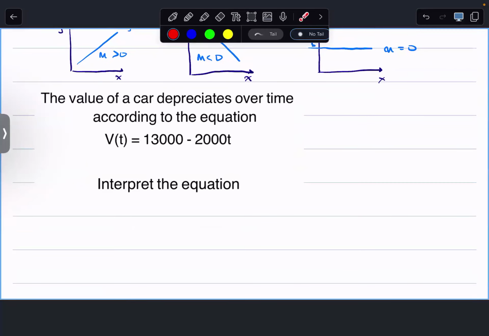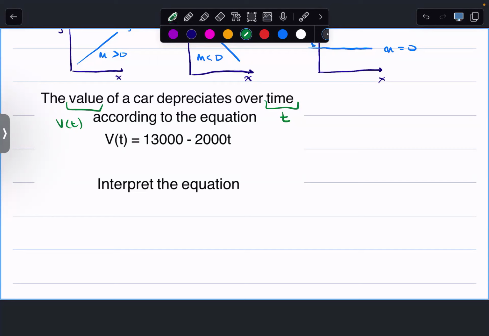The value of a car depreciates over time according to this equation. And so we're going to be able to input time, t, and produce the value after that amount of time. Here, I want to say that t is denoted by lowercase t almost always, and the value at some time point is going to be v of t.